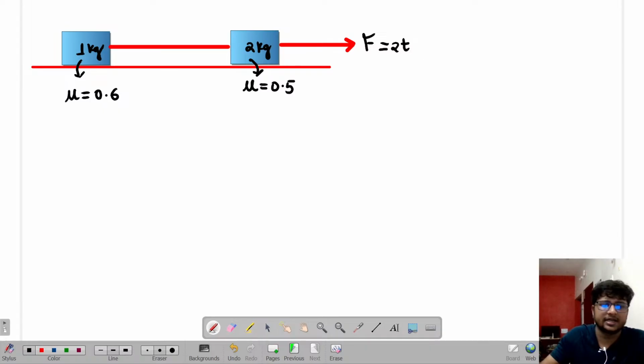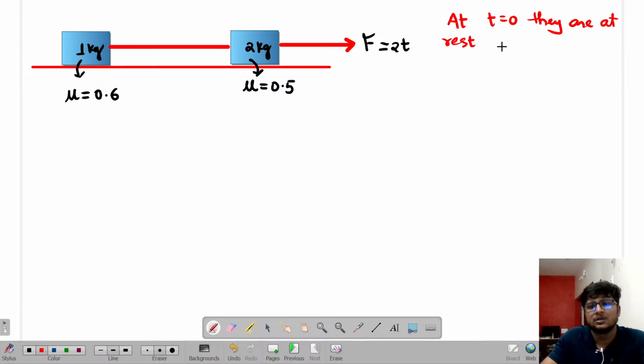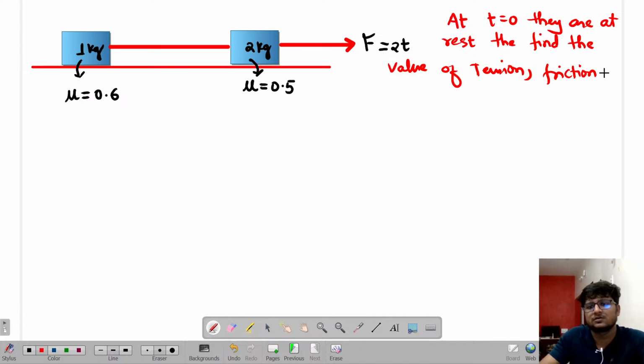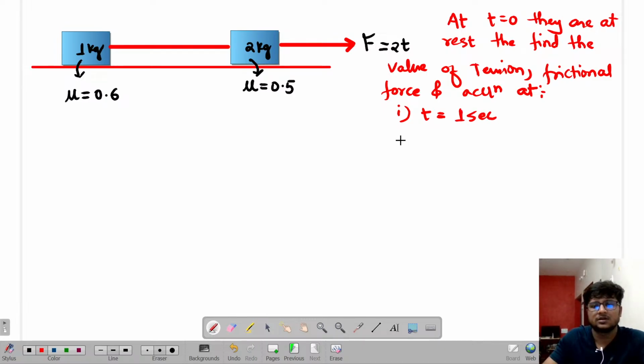Instantly at t equal to 0, they are at rest. Then find the value of tension force, frictional force, and acceleration at, first question, t equal to 1 second.